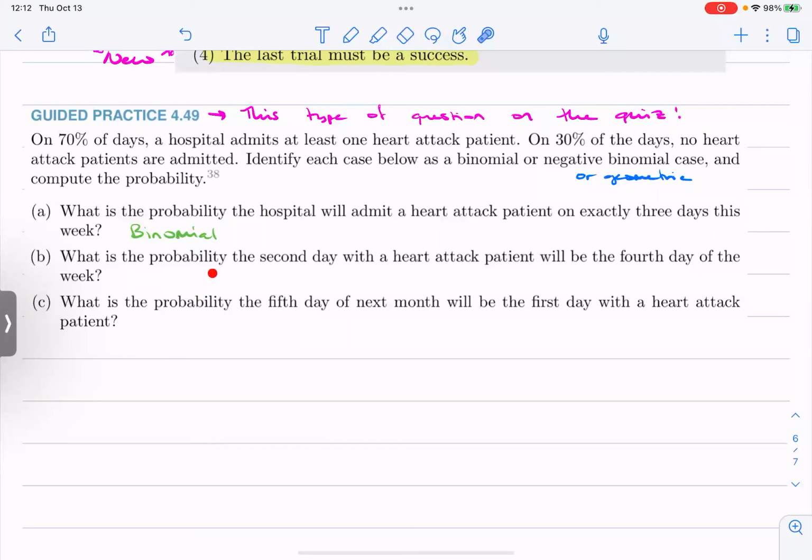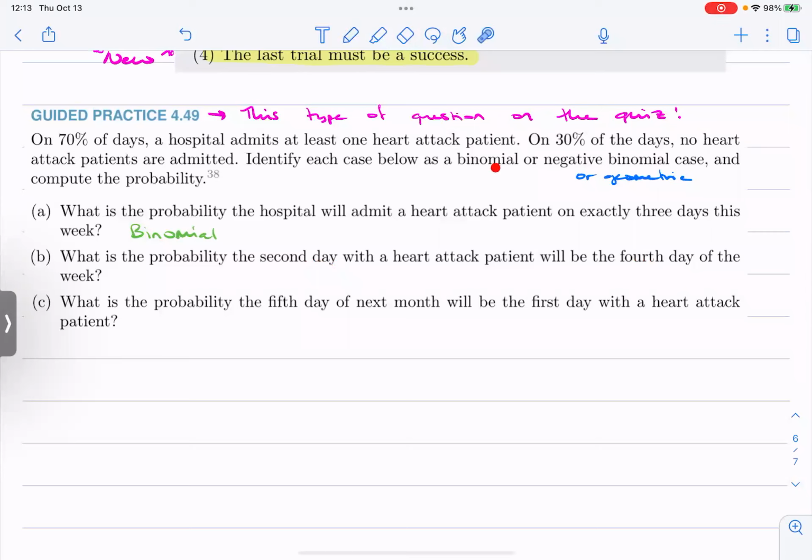What's the probability that the second day with a heart attack patient will be the 4th day of the week? So now all of a sudden, the second day, that's my second success, right? It happens on the 4th trial. Let's see here.